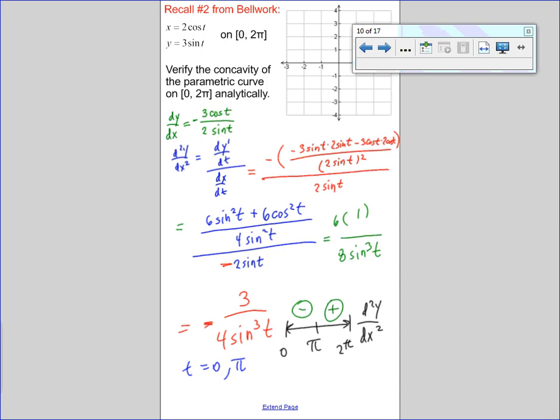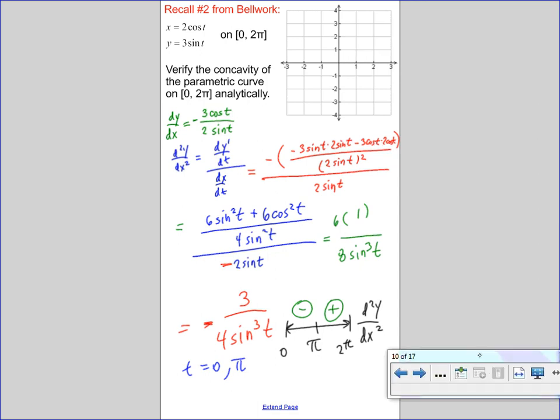And now we're expecting our concavity to be concave down on the interval 0 to pi and concave up on the interval from pi to 2 pi because our second derivative of y with respect to x is negative and positive respectively on those intervals.